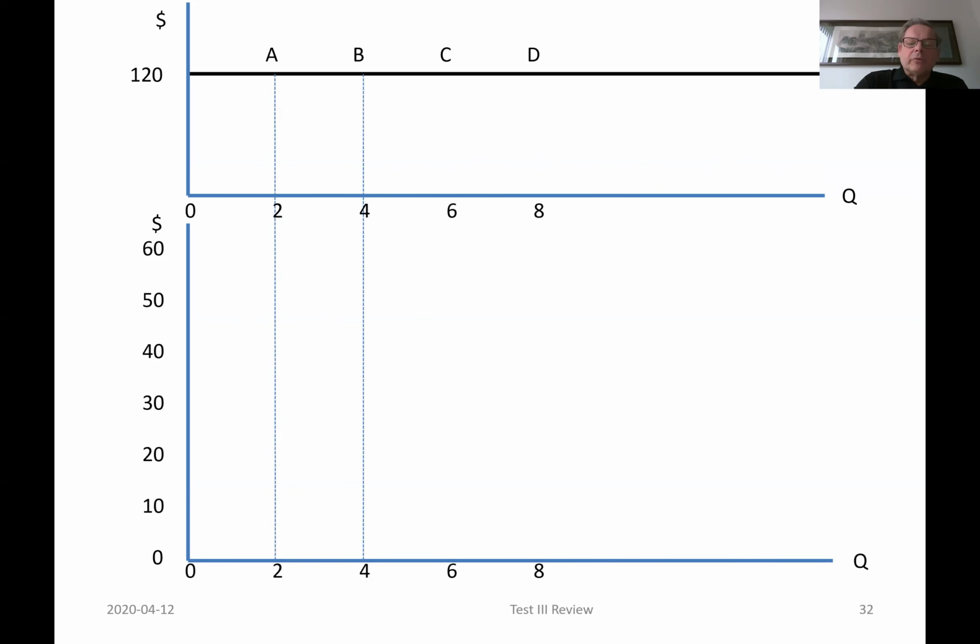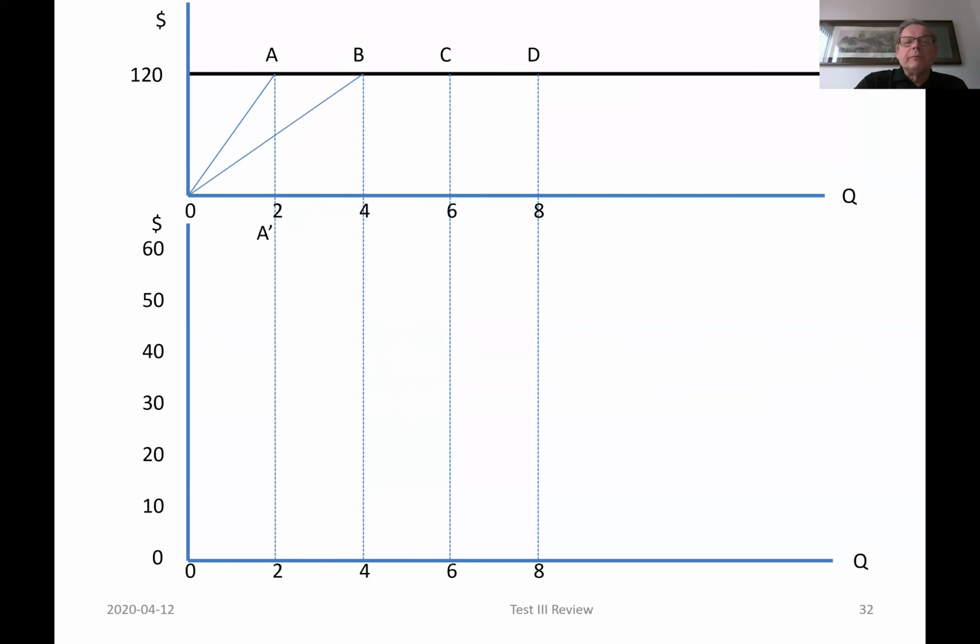So remember, when you do 2-part graphs, the x-axis has the same scale on both of them. The scale on the y-axis doesn't really matter. So if you draw your ray from 0 to A, that gives us the first point on the average fixed cost curve, and that would be at point A prime.